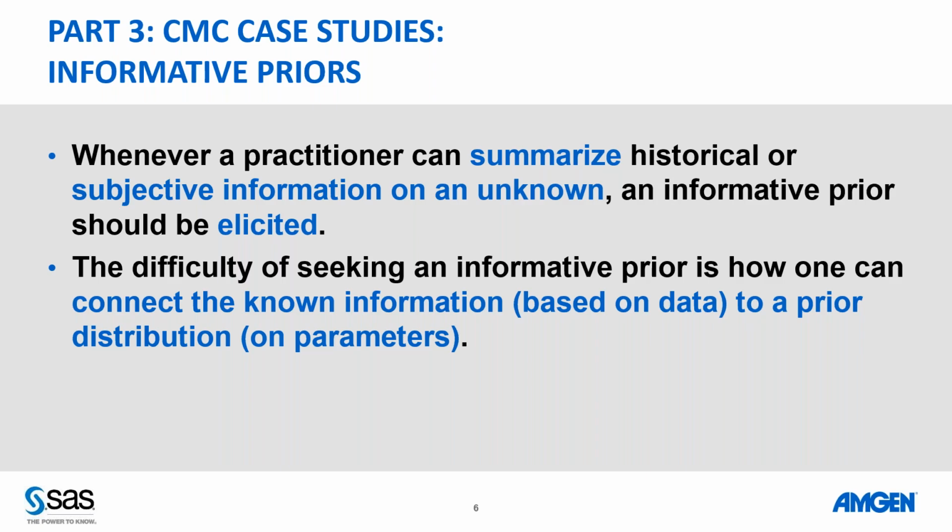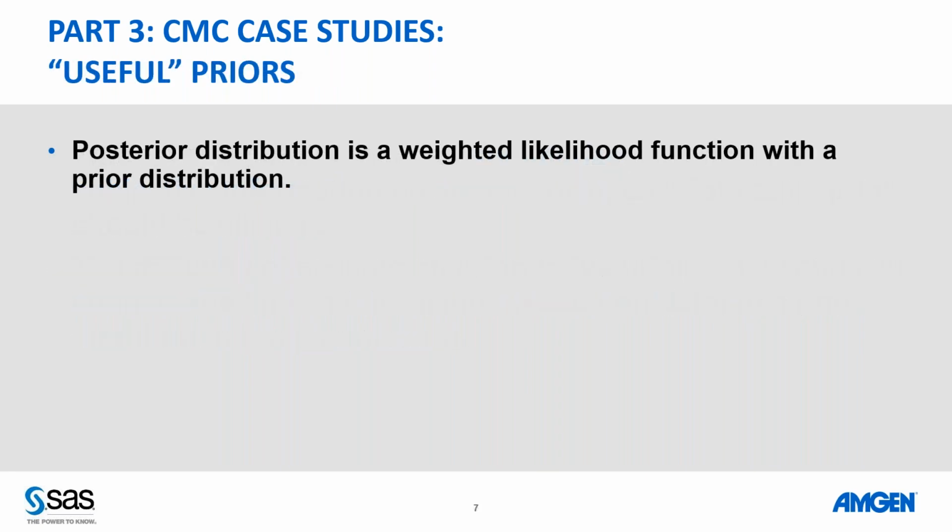If you ask a practitioner what the beta regression is in this nonlinear model with negative binomial likelihood, they don't know. They have no idea. They won't know any better than we do. But they have a sense of the data. So it's the connection between the information contained in the data and how to translate that into distribution form that is of essential interest. And we're going to show you some of that translation in a couple of examples today.